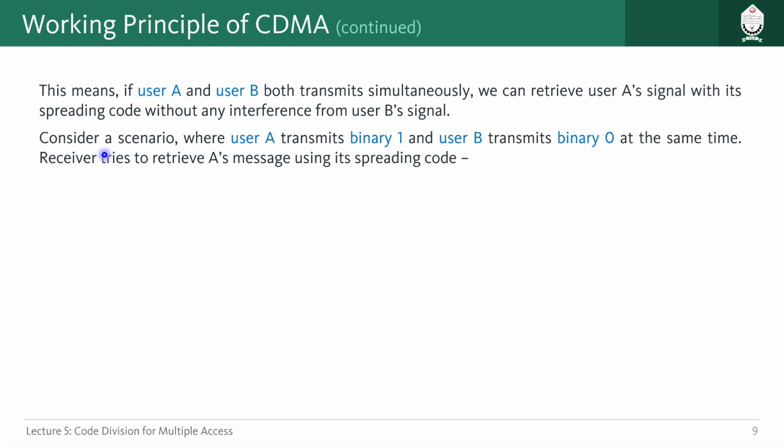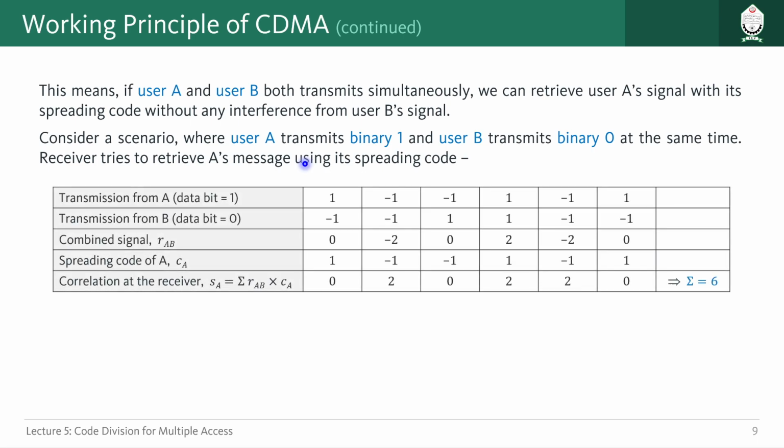To understand that, consider this scenario where user A is transmitting a value of binary 1 and user B is transmitting a value of binary 0 at the same time. Simultaneously, they are transmitting these two signals on the same channel. And say at the receiver, our intended receiver is trying to retrieve user A's message using its spreading code. So we have access to user A's spreading code. Using that, can we actually decode the signal? Because we have two signals interfering with each other in this situation.